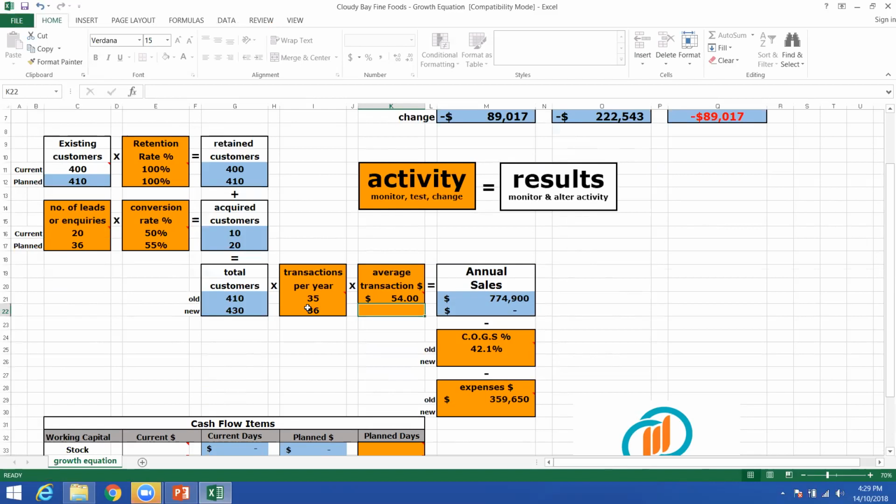the next driver is average transaction. We look back through Nigella's counter system and we can see that her average transaction value, $54, has stayed constant for quite a while. This tells me she hasn't increased her prices.